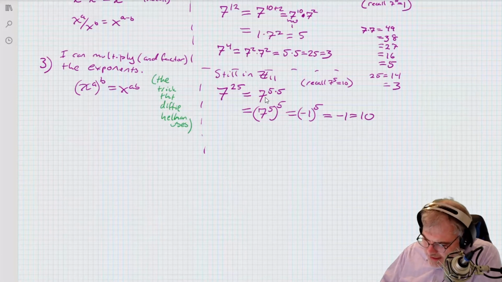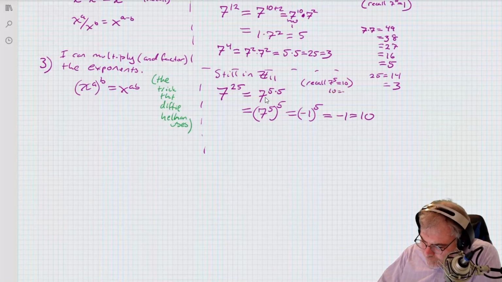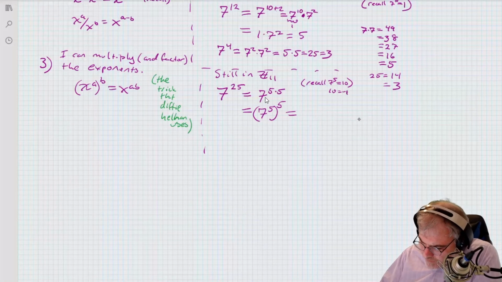So that's this idea. If I can figure out that what I've got is a multiple of 5, I can do it. So the -1 comes in because 7 to the 5th equals 10, and 10 equals -1. So what I have here, I'll just erase this and do it real fast.